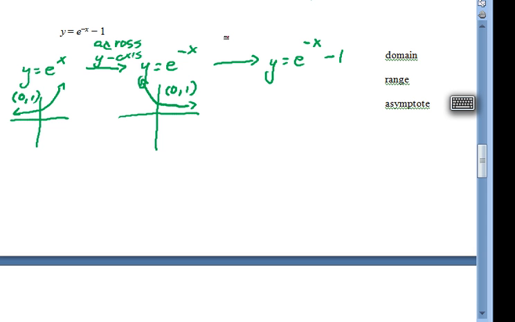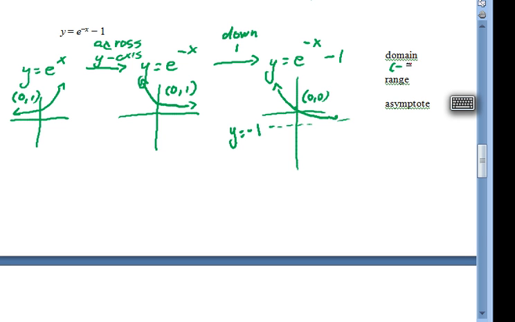And then we'll go down 1. So (0, 1) will now end up at the origin, and the horizontal asymptote will now be y equals negative 1.